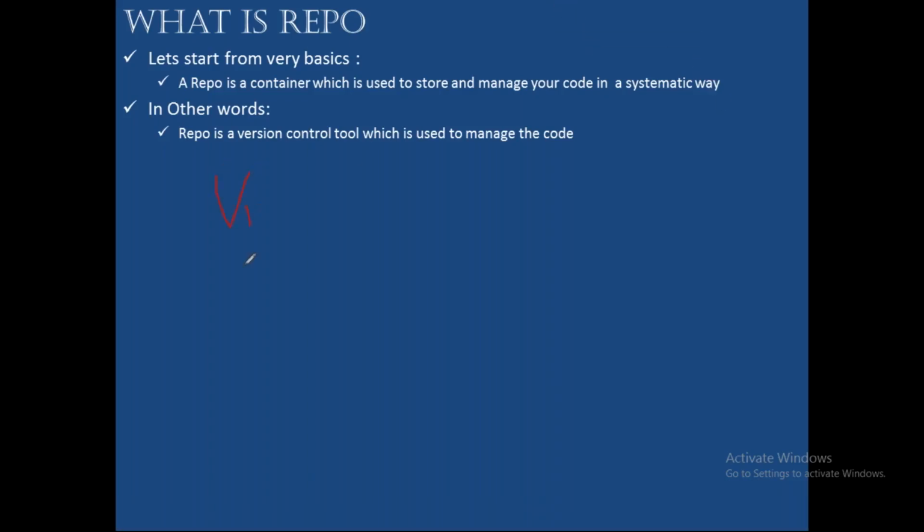You are going to maintain V1, V2, V3. Suppose here I say hi, and I change it to hello. This will be the next version. Next, I realize I don't want hello, I want hi. So instead of changing this to hi, you can just restore, go back and take this version of data.